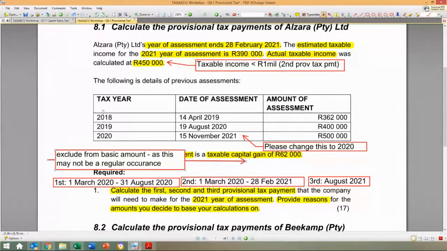So that means we will have to use the 2018 tax year for our first provisional tax payment. But that is also more than 18 months from the date of our payment, which means I would also have to increase that with the 8% to get a more recent basic amount.